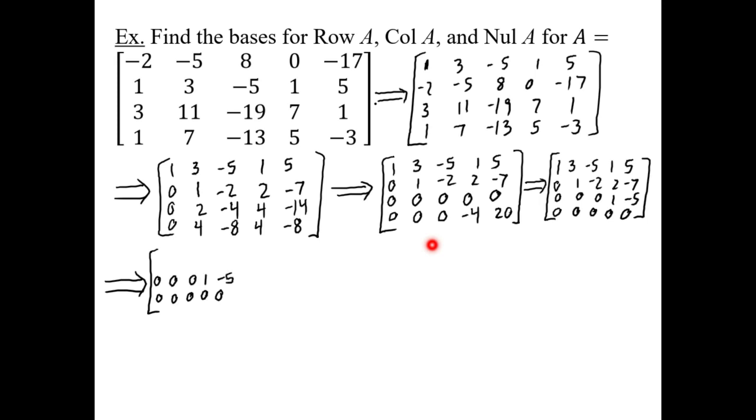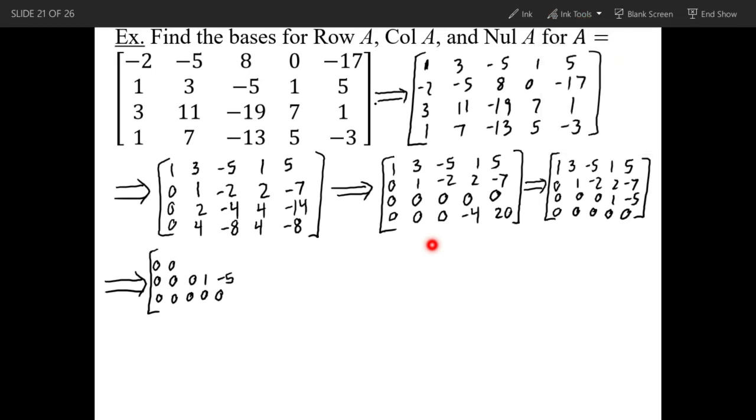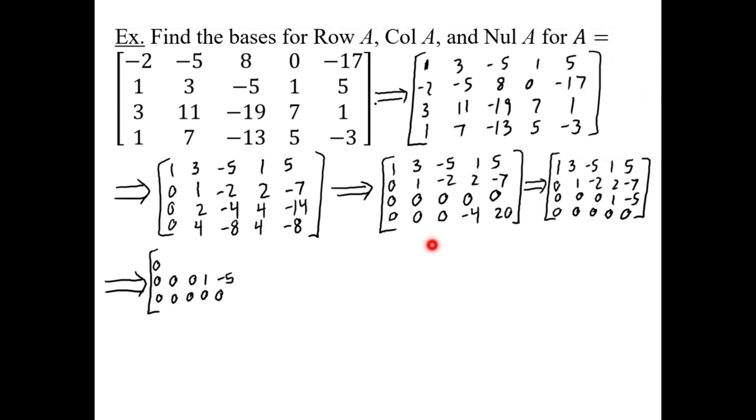Multiply the bottom row by -2 and add the third row. We get 0, 1, -2, 0, 3. And if I do top row minus the third row, I get 1, 3, -5, 0, 10.